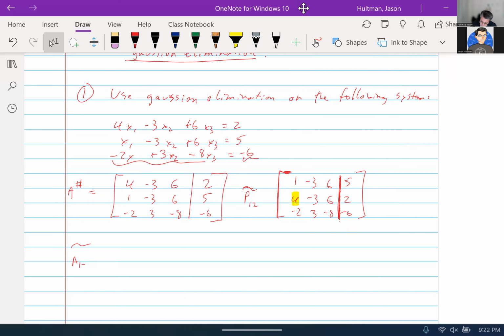Let's multiply the top row by negative 4: negative 4, 12, negative 24, and negative 20.